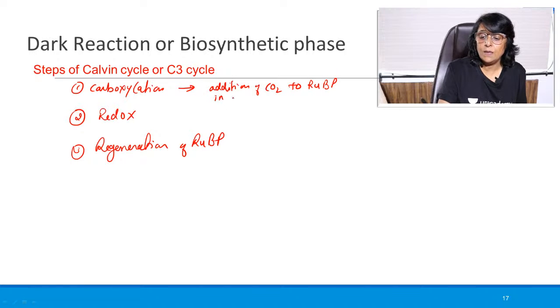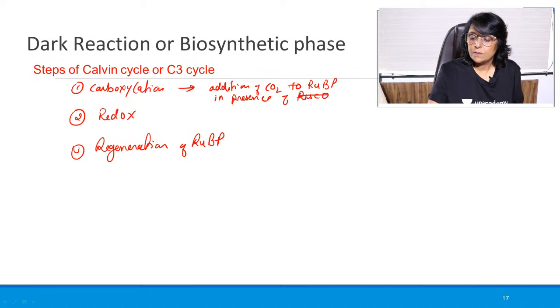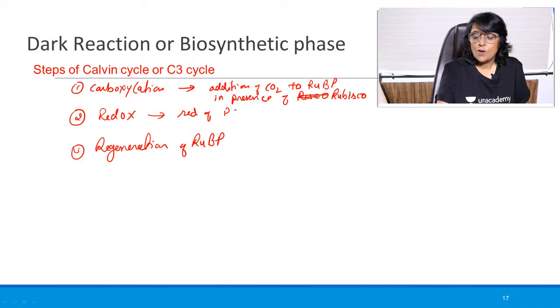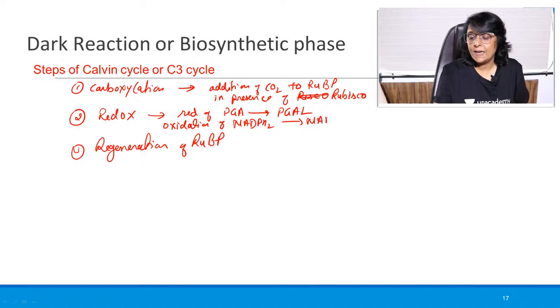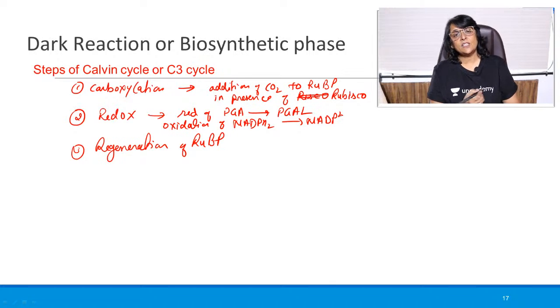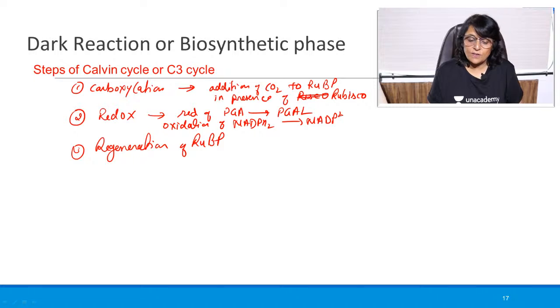Carboxylation is addition of carbon dioxide to RUBP in presence of Rubisco. Redox is reduction of phosphoglyceric acid to PGAL, and oxidation of NADPH2 to NADP, and regeneration of RUBP is regeneration.